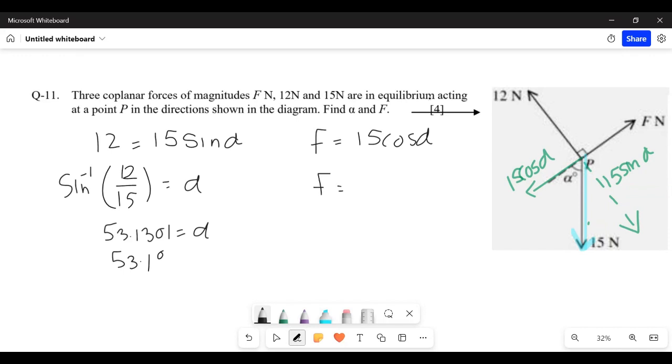And F comes out to be 15 times cos of the answer, which is 9.